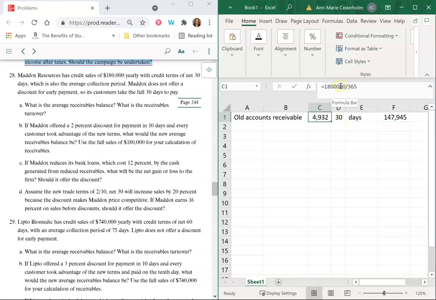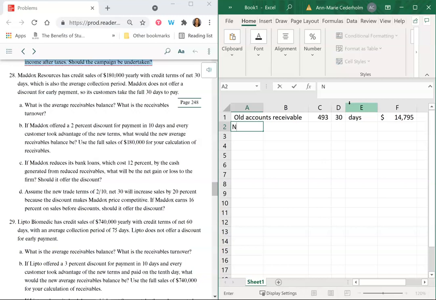I think I put way too many zeros in here, let me just take that away. Perfect. So I take 493 times 30. That gives me $14,795 for my accounts receivable. And I'll just hide the decimal places. So that's my old receivable.